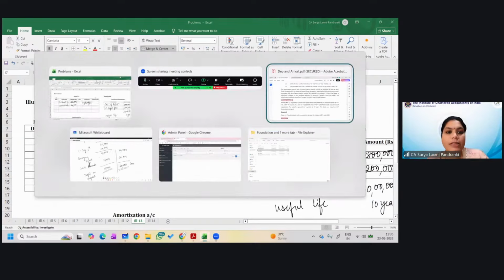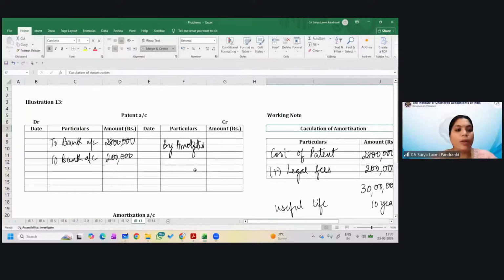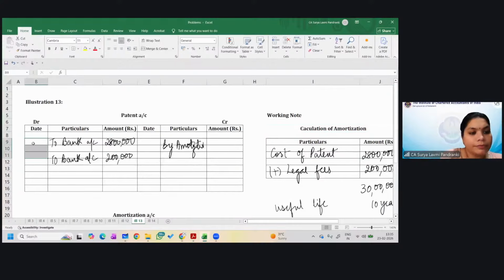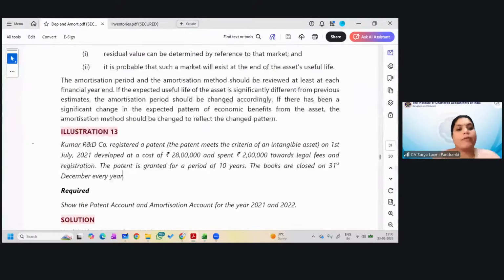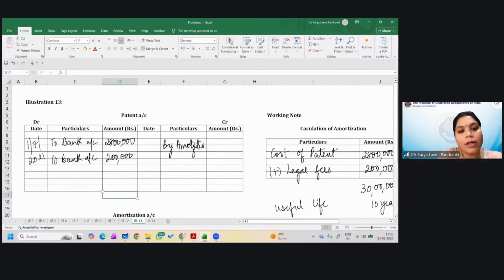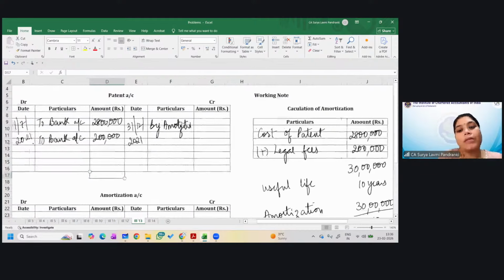When did we actually purchase this? On 1st July 2021. And when are we closing our books of accounts? 31st December 2021, which means amortization have to be only for 6 months.